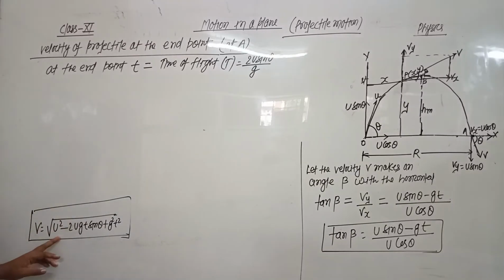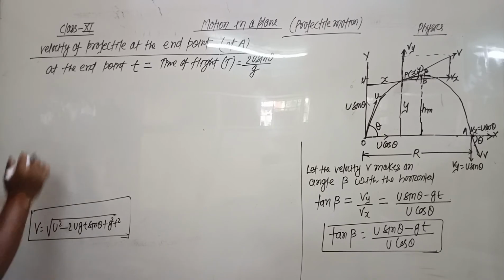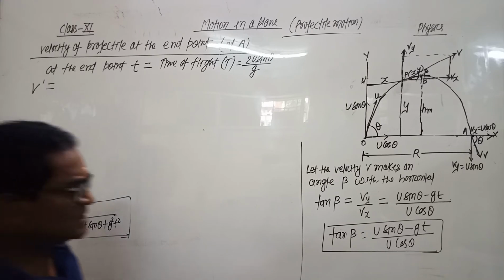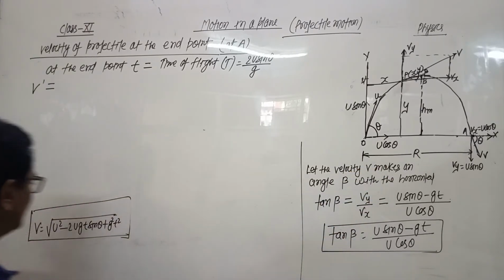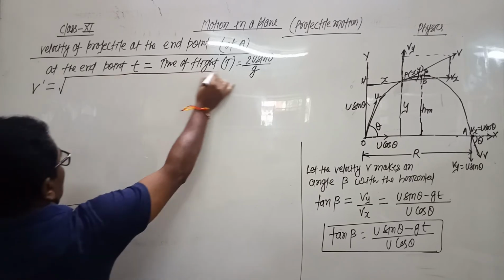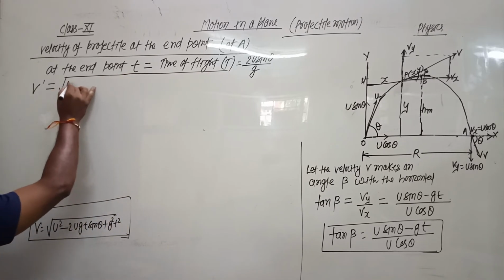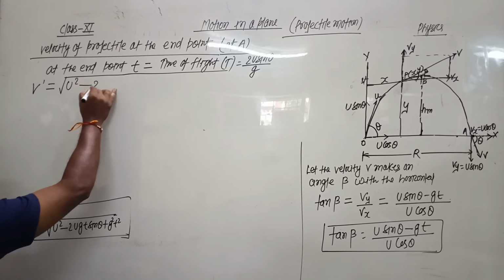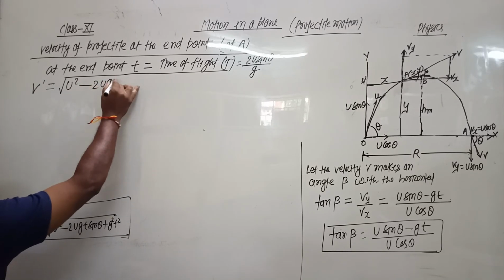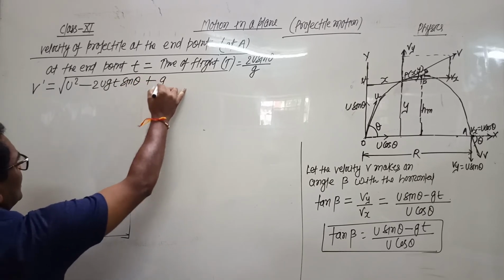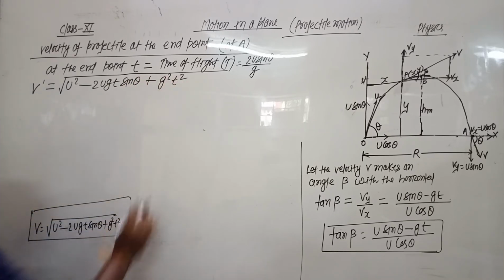So we use the same formula. Let the velocity at point A be v dash. So v dash equals the square root of u square minus 2ugt sin theta plus g square t square.